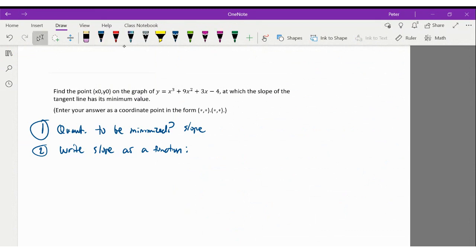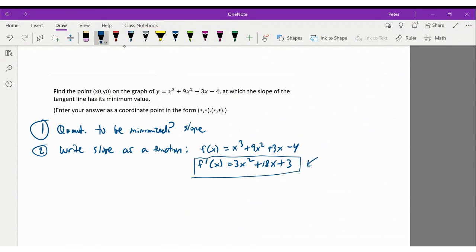So if f of x equals x cubed plus 9x squared plus 3x minus 4, then f prime of x is 3x squared plus 18x plus 3. So this is the function to be optimized.